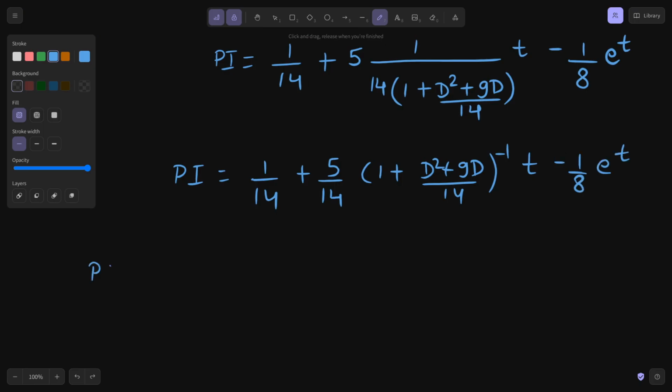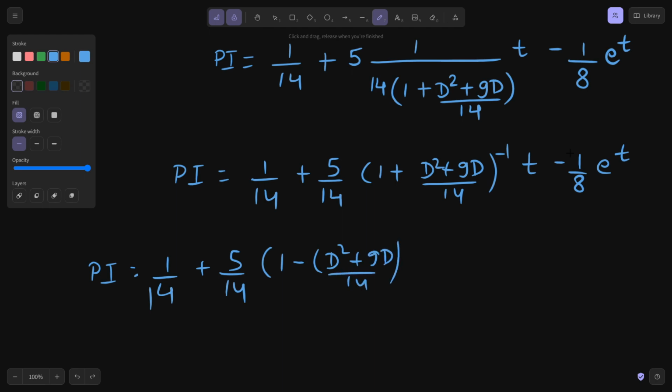So your particular integral is 1 by 14 plus 5 by 14, 1 minus x, and as I told you, this is playing the role of x, so minus D square plus 9D by 14.